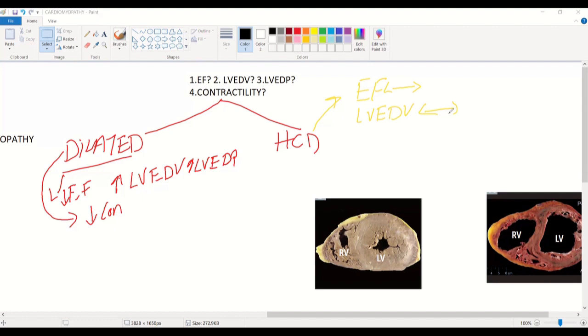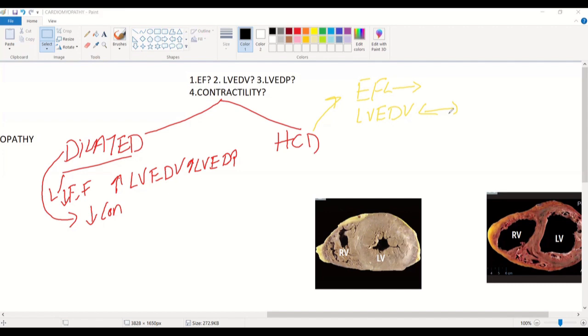Because left ventricle end-diastolic volume remains unchanged in hypertrophic cardiomyopathy, although you expect it will decrease. I don't know why, but USMLE loves to ask this.